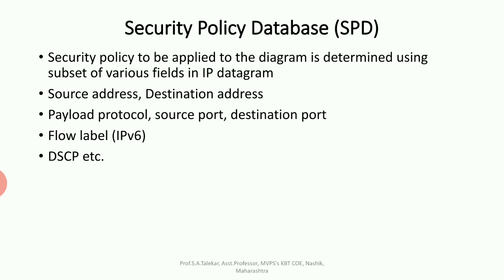These fields are source address, destination address, payload protocol, source port, destination port, flow label, which is mentioned in IP version 6, and DSCP, differentiated services, etc. For example, an outbound IP datagram with the following parameters, like source address, source port, destination port, and policy, is secured using the ESP protocol in transport mode, and the parameters of the security policies, for example encryption algorithm and key, are specified in the security association database.